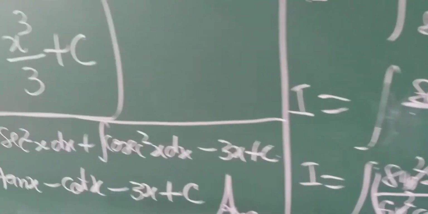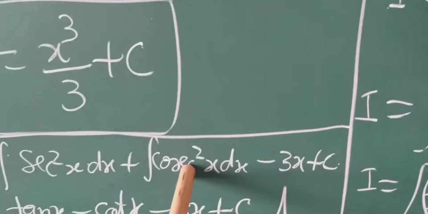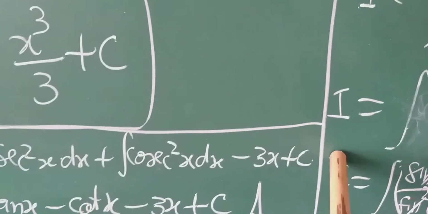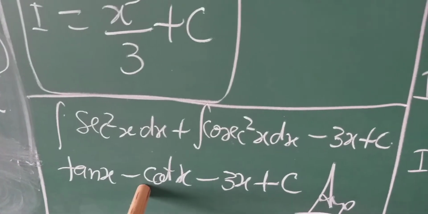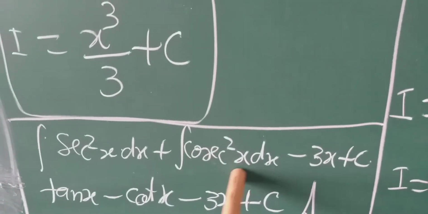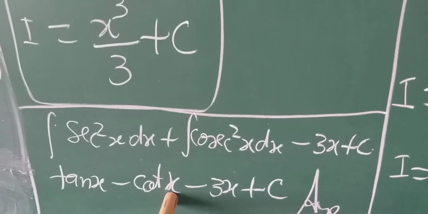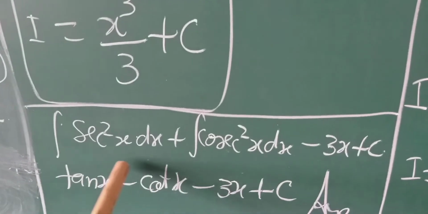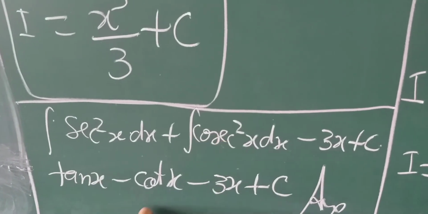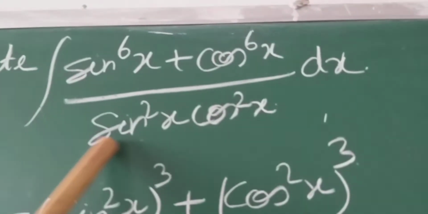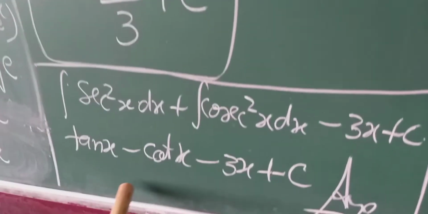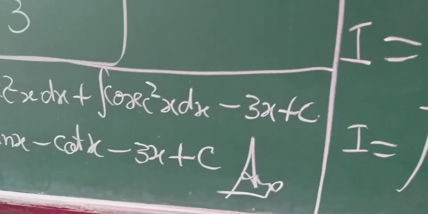So I have written here sec square x dx plus cosec square x dx minus 3x plus c. Its integration: sec square x gives tan x and cosec square x gives minus cot x. So tan x minus cot x minus 3x plus c. So students, we have solved this question, and its integration is tan x minus cot x minus 3x plus c.